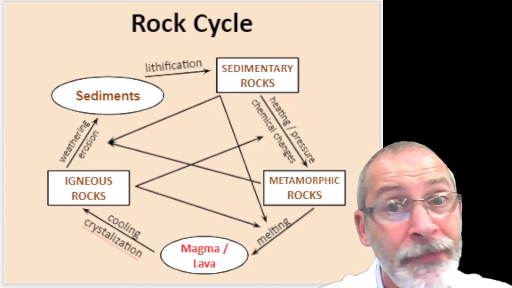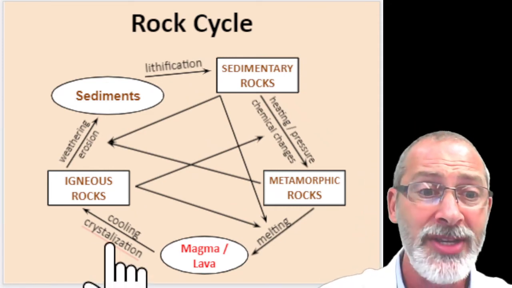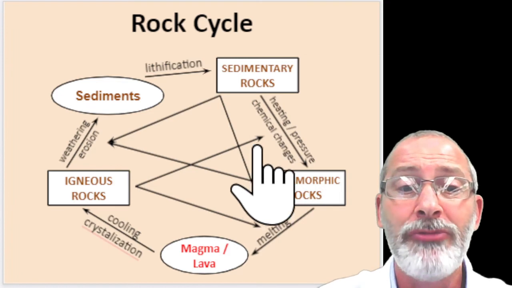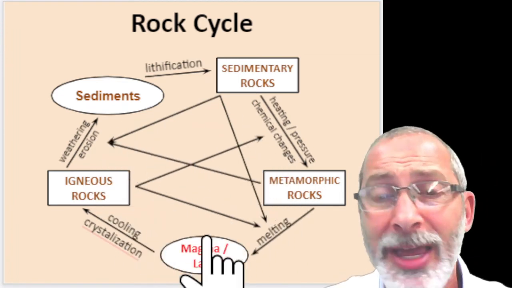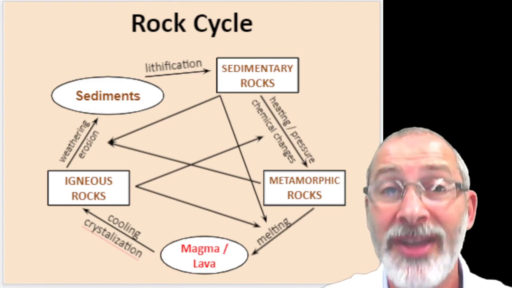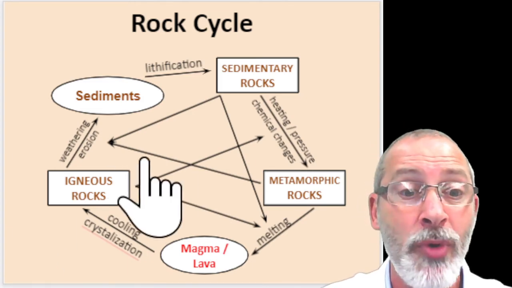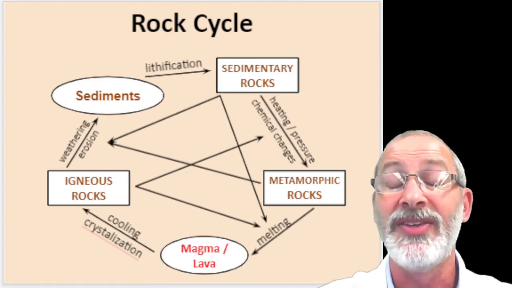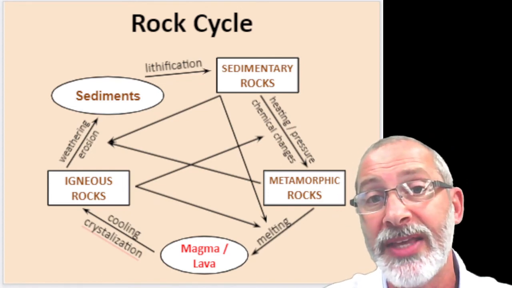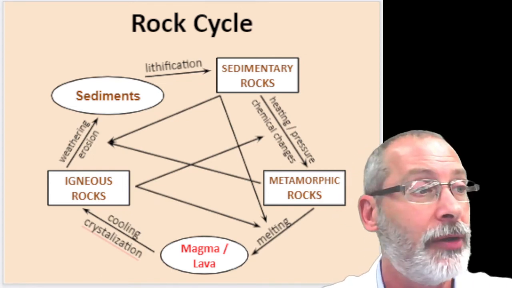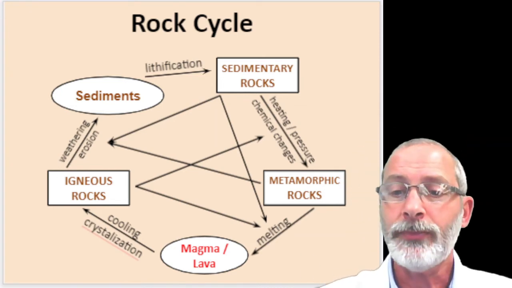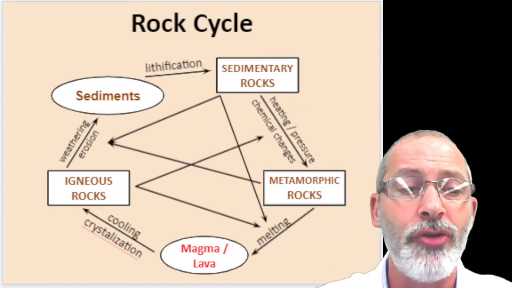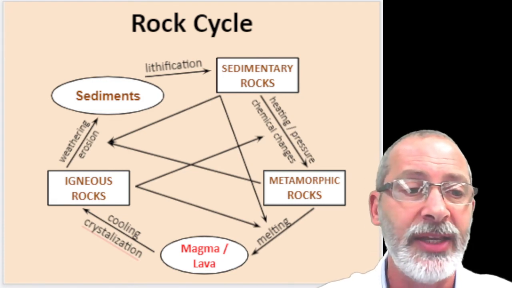The point is, and I'm out of breath, the point is, though, that all three rock groups can undergo all three of these changing types in the cycle and form different kinds of rocks. It's more like a web that exists, or I like to see it as spokes of a wheel. And all of these changes that take place are part of the rock cycle itself.